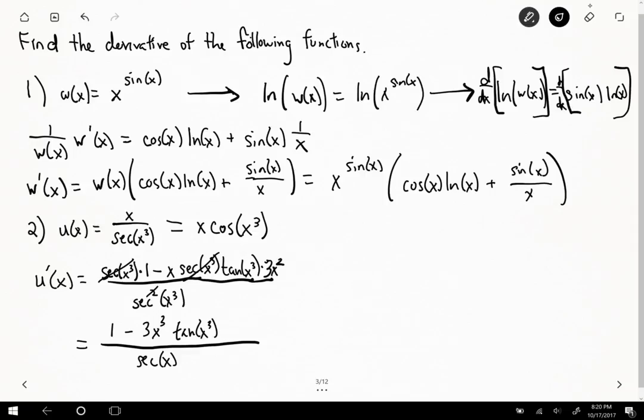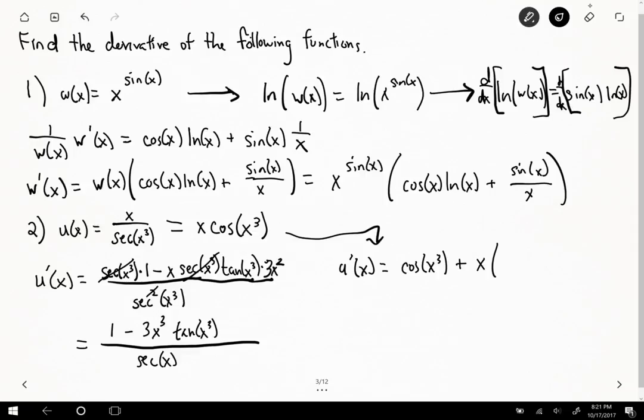Okay. So now if we take this route, notice it's just a product rule, and you get u prime of x equals. So we take the derivative of x, which is 1, so times cosine of x cubed. Right? And then we have plus x times the derivative of our cosine of x cubed.